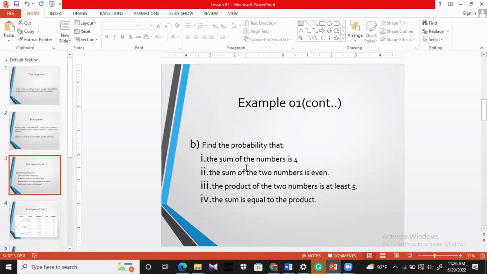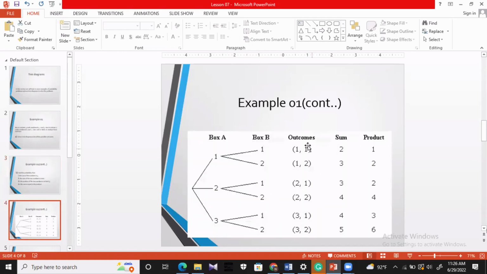That means we need to find the sum for these pairs. The sum of the two numbers is 4, the sum of the two numbers is even, and there are more questions about the product. The product of the two numbers is at least 5, and the sum is equal to the product. That means when we draw the tree diagram, it's not enough to finish constructing the tree diagram up to this level.